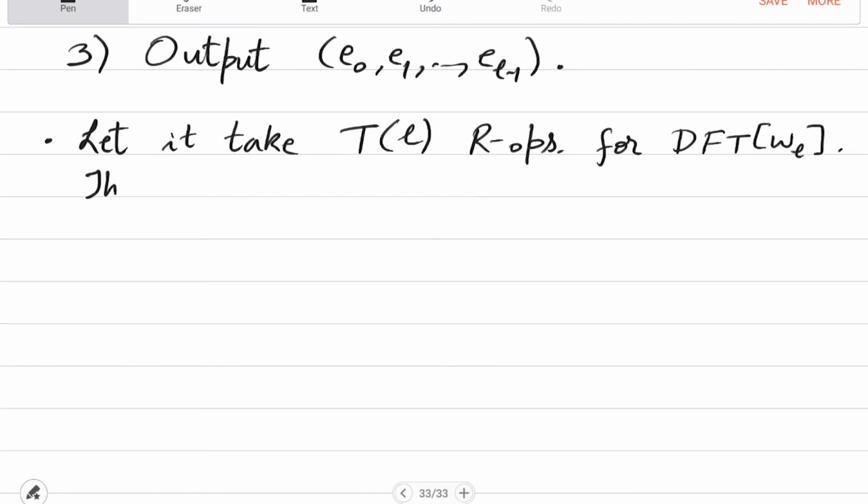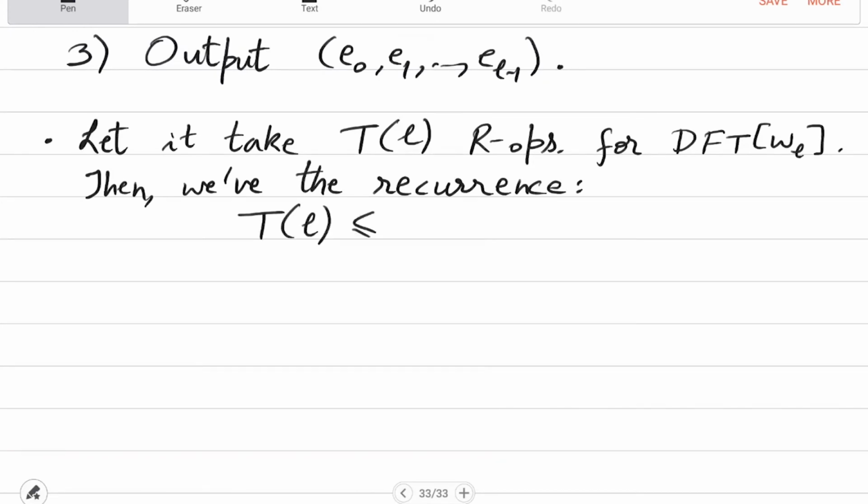Then we have the following recurrence. So the recurrence is T_L is less than or equal to, what is the relationship with T_{L by 2}? Twice T_{L by 2}.